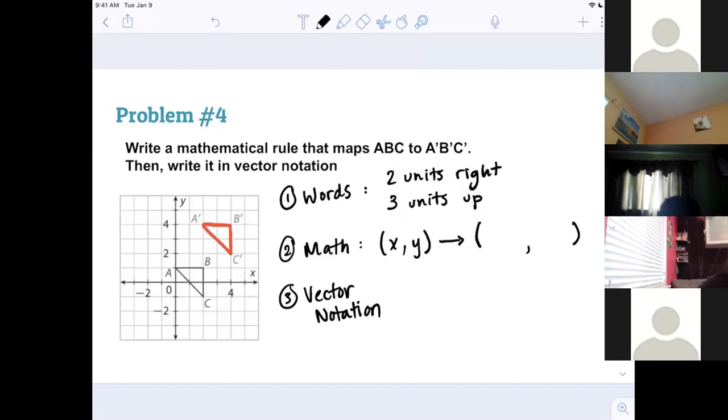Wait, from which one? The black triangle or the red one? Starting from the black, and you can always tell which one starts because it's the one without all of the primes. Notice how this is a prime. That's how you know that's the image, and the black one is your pre-image. So starting from black.